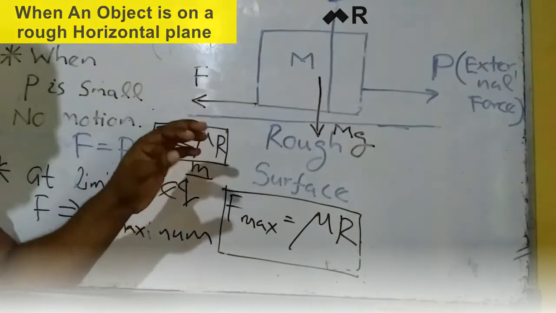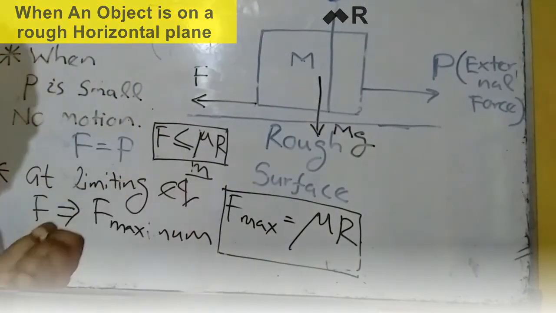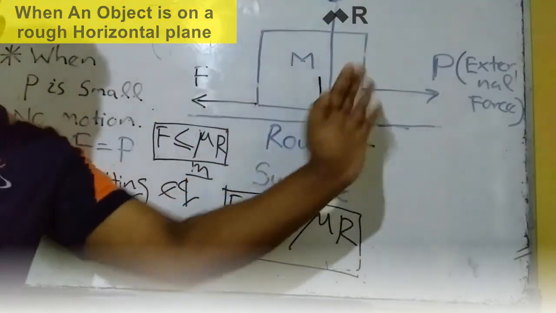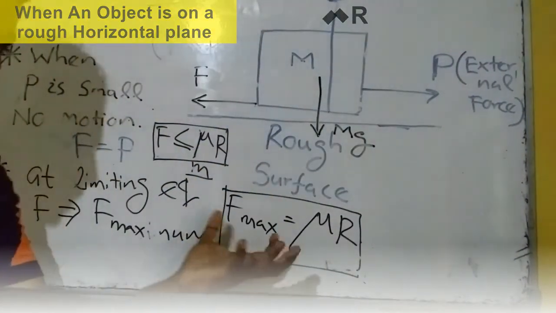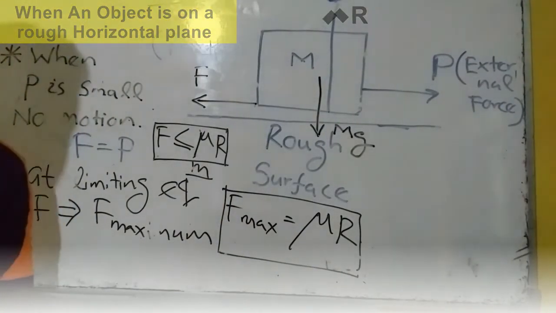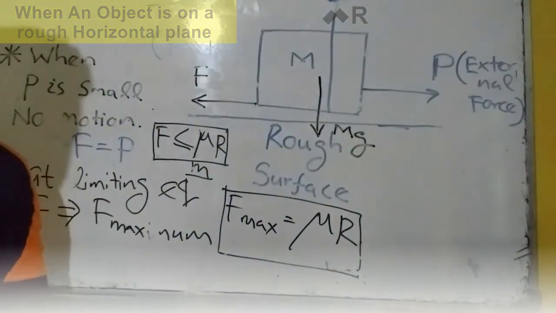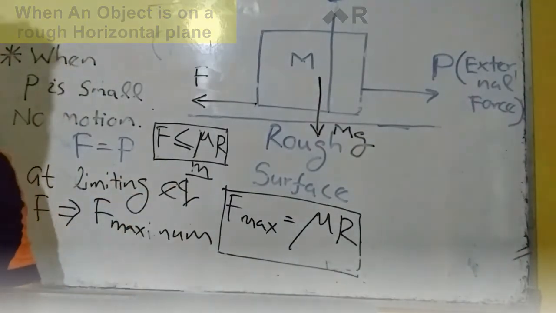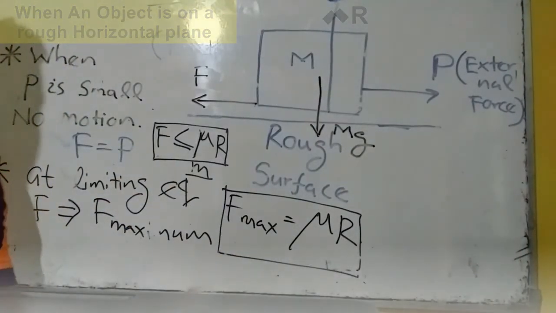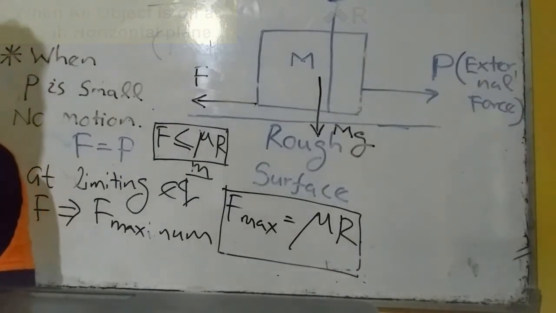If it is less than the limiting friction, you can use this inequality. If this object is moving with friction, in that case you can use this, right? That's the most important point you should understand. I can just read the laws of friction for you to write, but that understanding is really important when you are applying these concepts in questions. That's why I took some time to explain it.